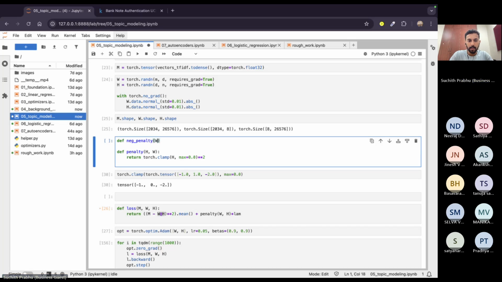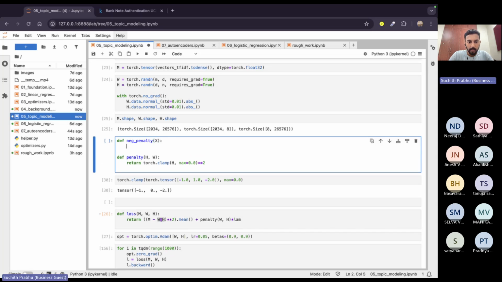I'll take a matrix X, do this operation, and return the value. I have to do this on both the matrices, H and W. What it returns is a matrix, so I need a number.